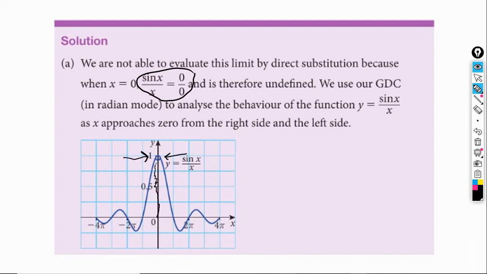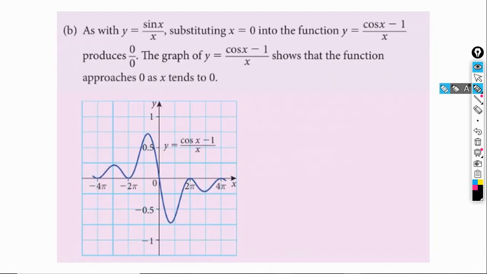Therefore, we can say that the limit of sine of x over x as x approaches 0 is equal to 1. And this is something very useful that we are going to need later when we do limits with trigonometric functions.